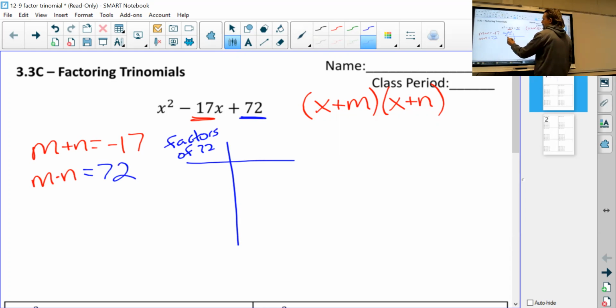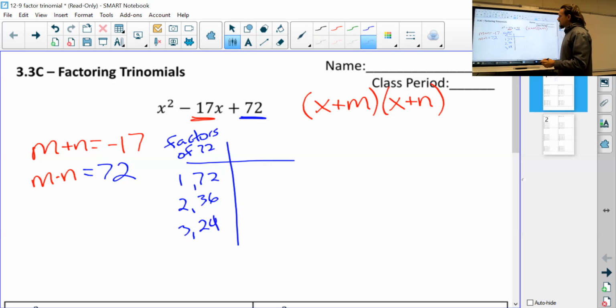I know I've got 1 and 72, 2 and 36, 3 and 24, 4 and 18, and then 8 and 9.